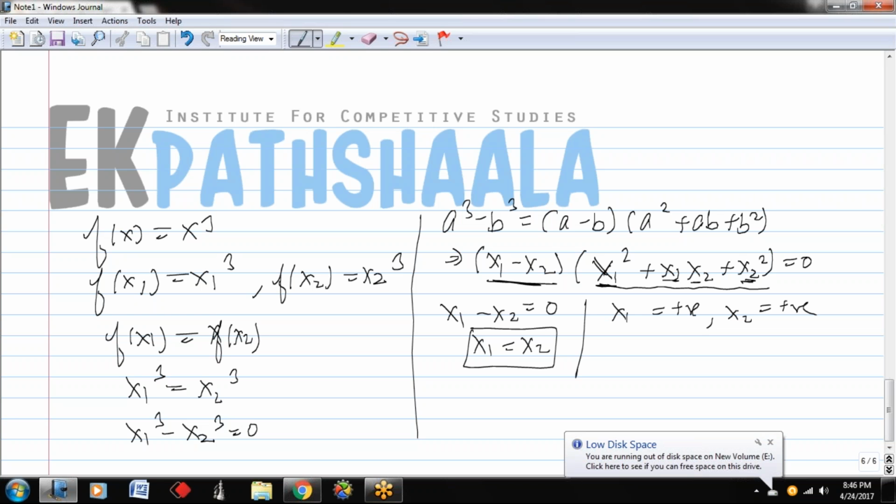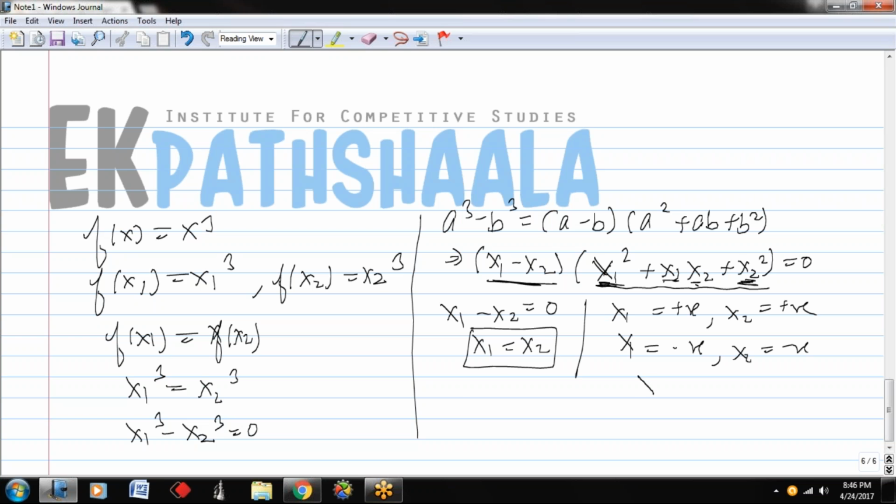Even if I take x1 as negative and x2 as negative, negative square is positive, negative square is positive, negative into negative is positive. Therefore again there are three positive numbers which can never add up to give 0. Yes or no? Yes, sir. So we can say that it can never be equal to 0.